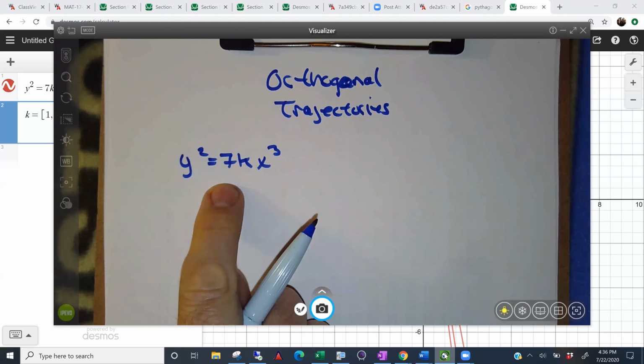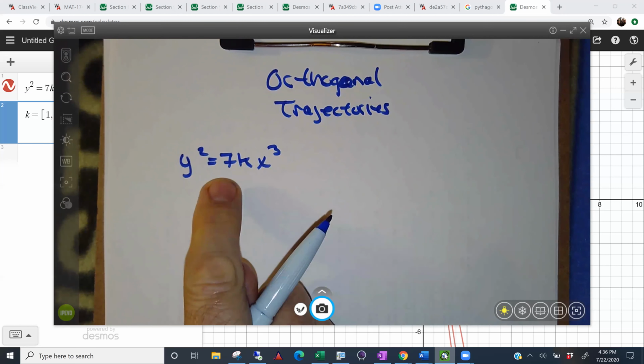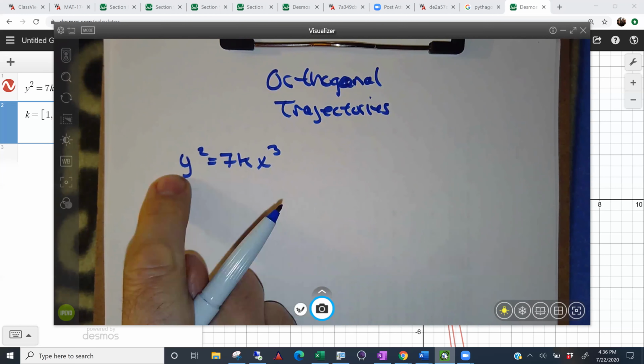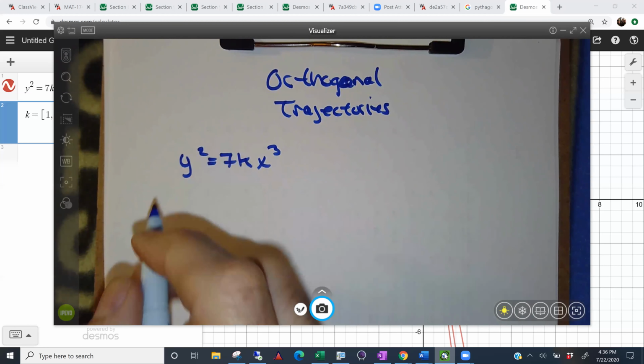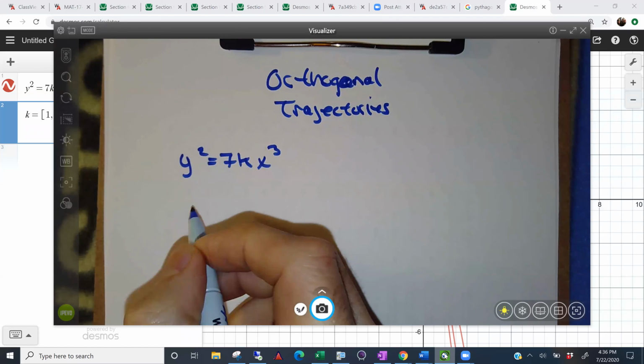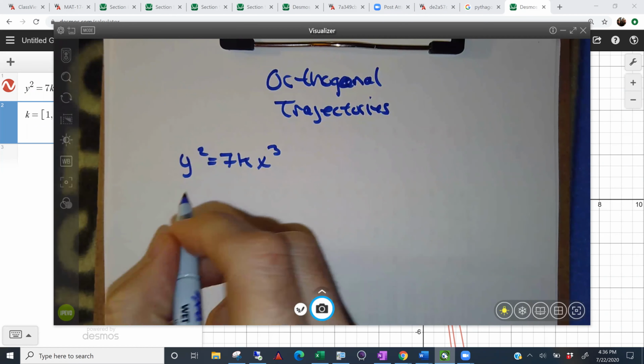So the first thing I have to do is find the slope of the line here. And what tells me the slope of a line is the derivative. So that's going to mean I'm going to have to differentiate this implicitly. So how's that work?